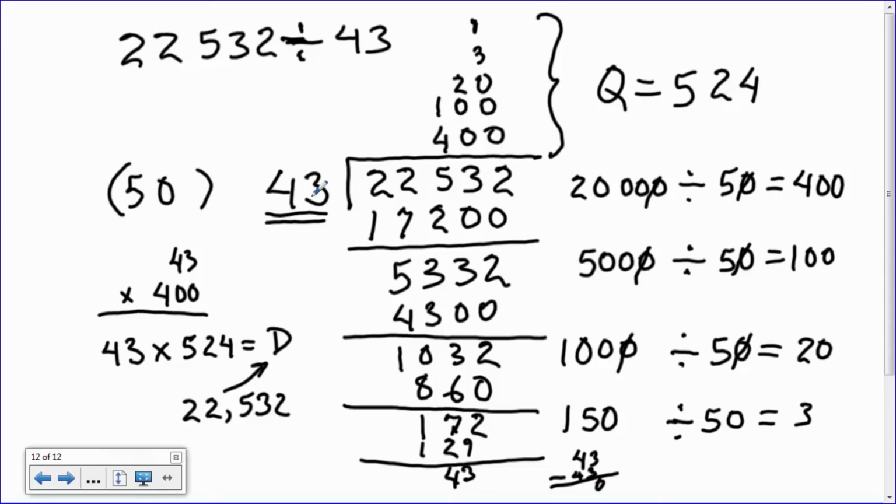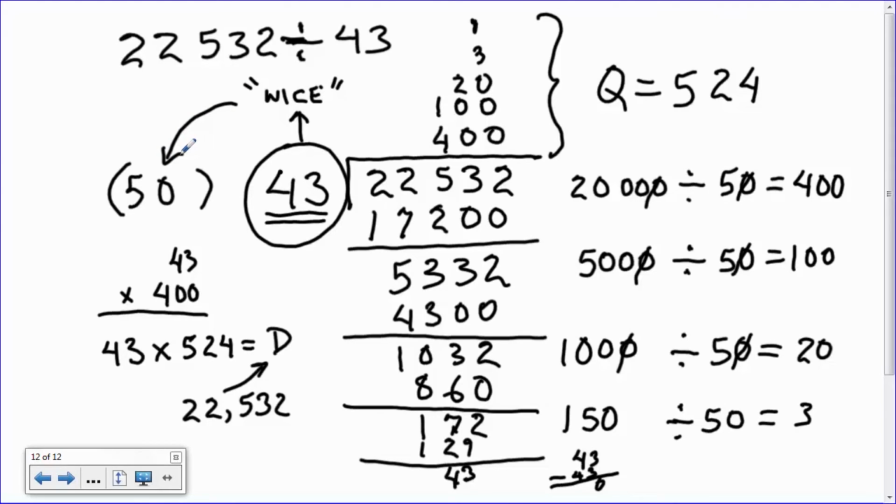I want to do it by increasing the size of the divisor to a nice divisor. And what makes it nice? What makes it nice is only one non-zero digit.